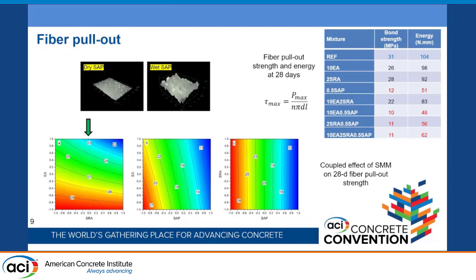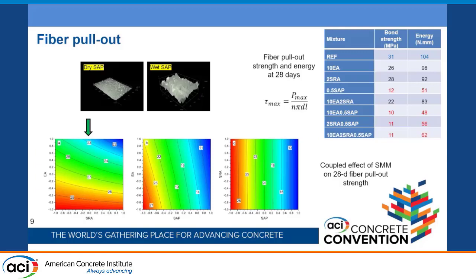Here is the fiber pull-out strength result. As you see, the use of superabsorbent polymer reduced the bond strength, and that was due to the reason you see in the optical microscope image. The particle absorbed a lot of water, in this case 30 grams per gram of superabsorbent polymer.